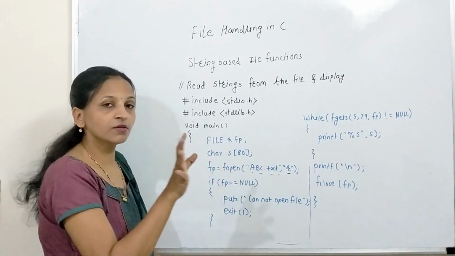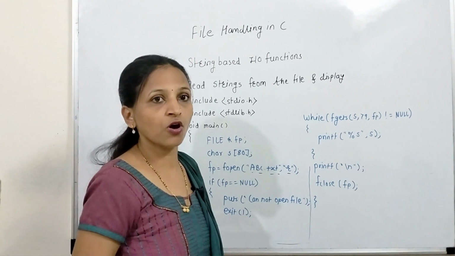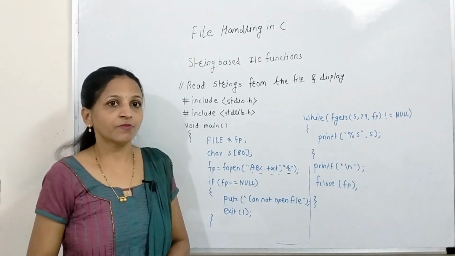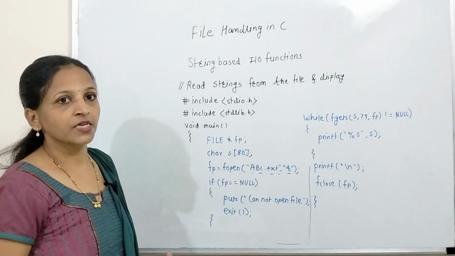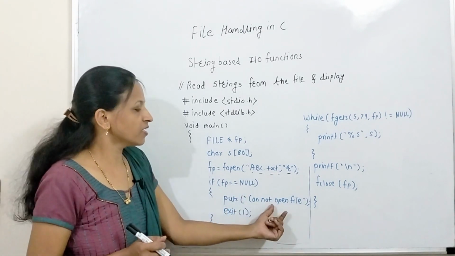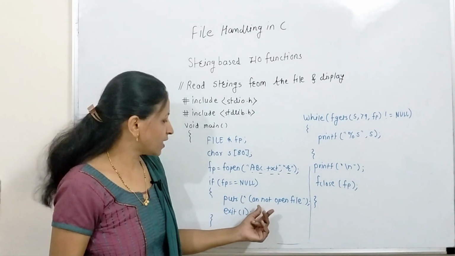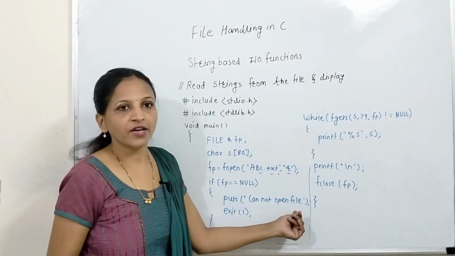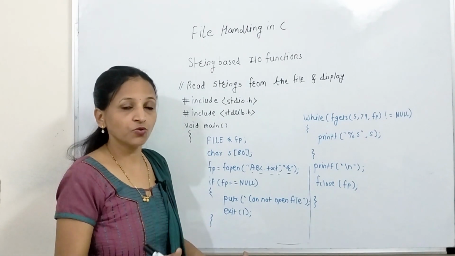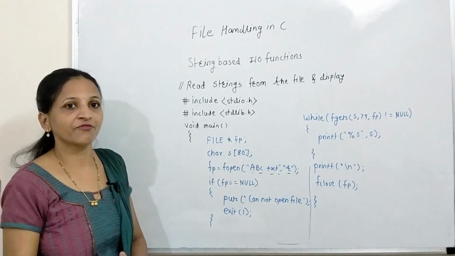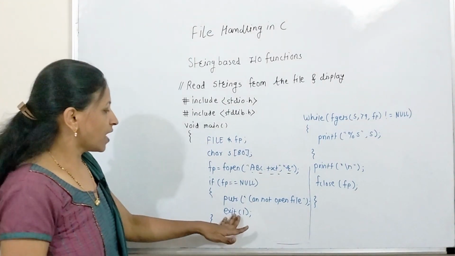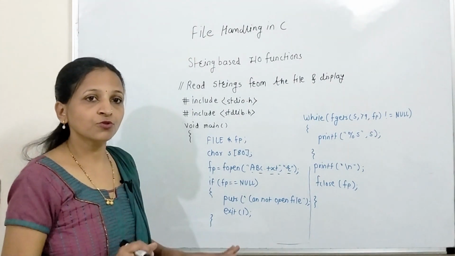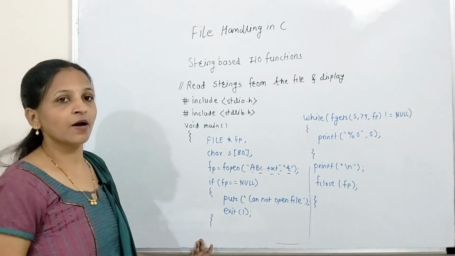If it is null, then something is wrong while opening that file. The file has not opened successfully. That's why if it is null, then we can display a message to the user like cannot open file, or any other message that file opening failed. Getting? And exit(1) means here we have to stop execution of that program.